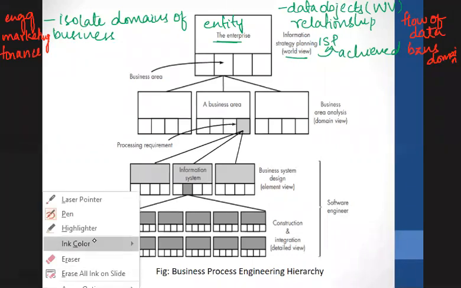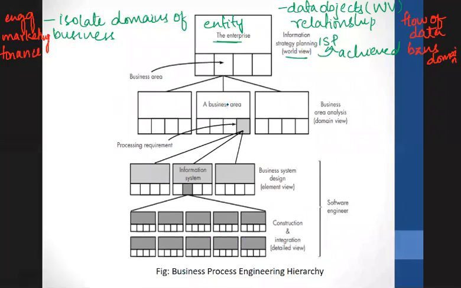The next view is the domain view. Now this domain view is going to address the business area analysis. This is called your BAA. The domain view addresses the BAA. Now what is the job of this BAA?